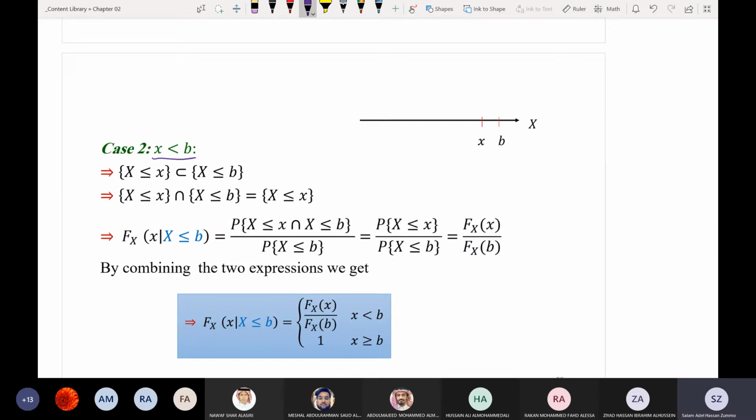هي هذه الكيس. هنا x is less than b. This is b and this is x. In this case, the opposite: x less than or equal to small x is a subset of x less than or equal to b. المجموعة الجزئية انعكست الآن.